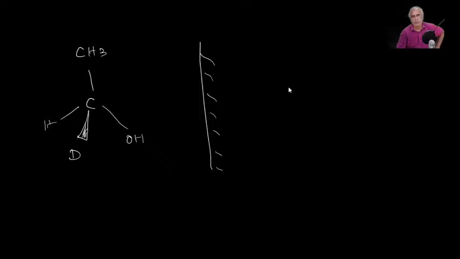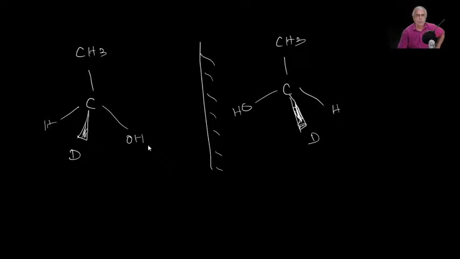So let me say this is C, and the mirror image will be, CH3 will be here, but hydrogen will go here, and the hydroxyl group will come here, and D will be here. So these two form non-superimposable mirror images.